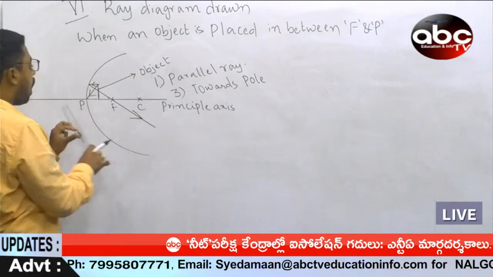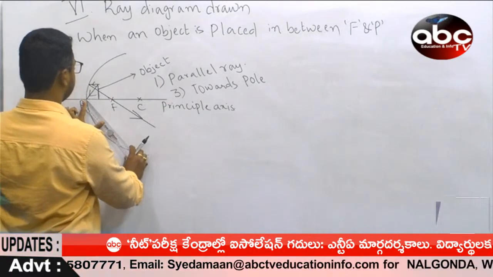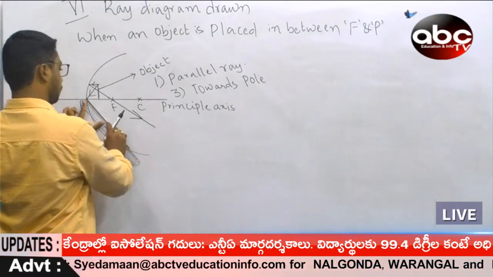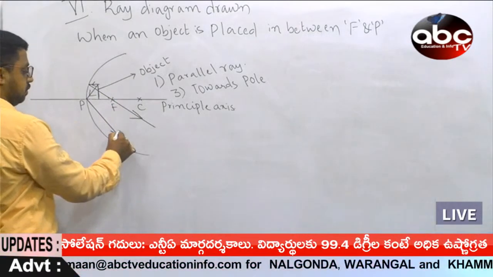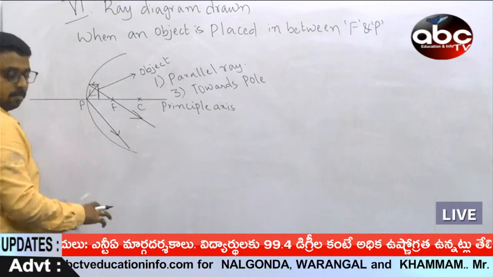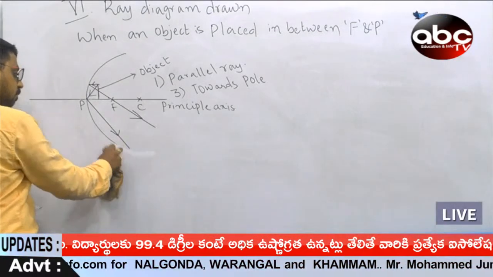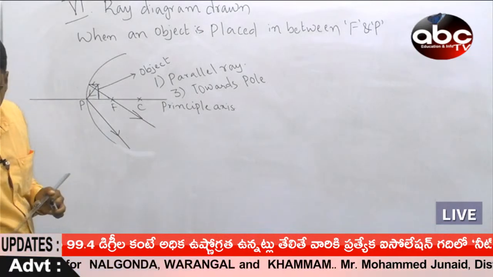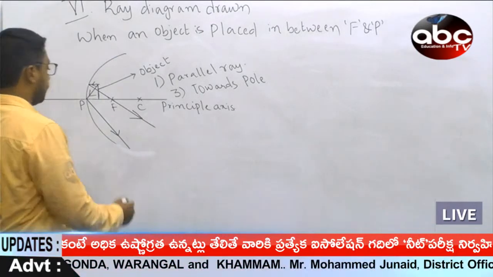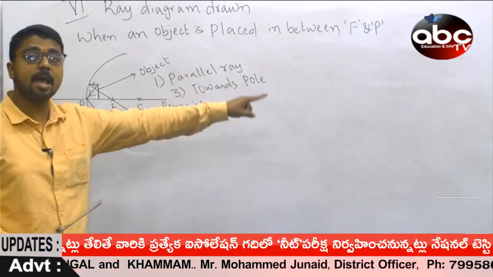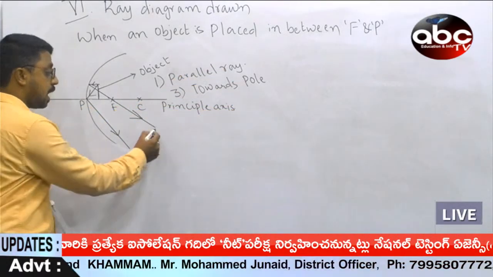So what happens here? It gets reflected. If you observe this, unlike parallel rays, they are somewhat different.